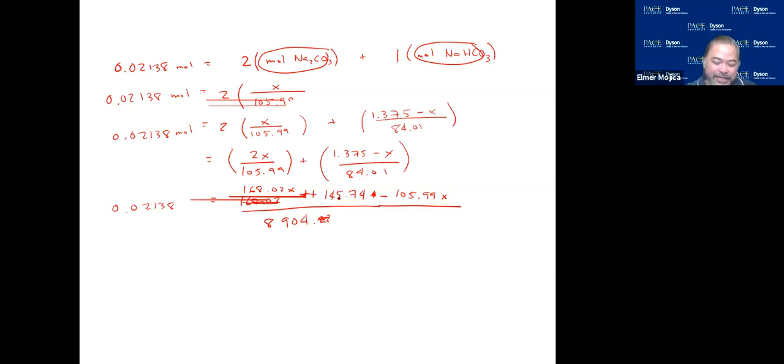So what do we do now? We rearrange them. So maybe we cross multiply 0.2138 with 8,904. And then we subtract 145.74. And on this side, we have 168.02.